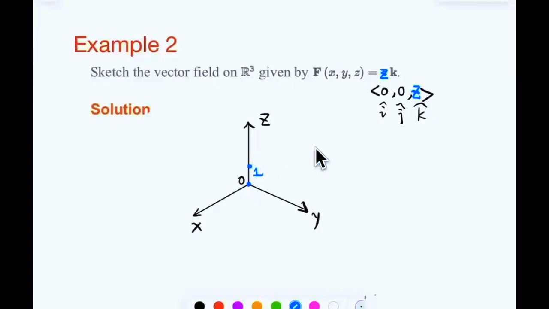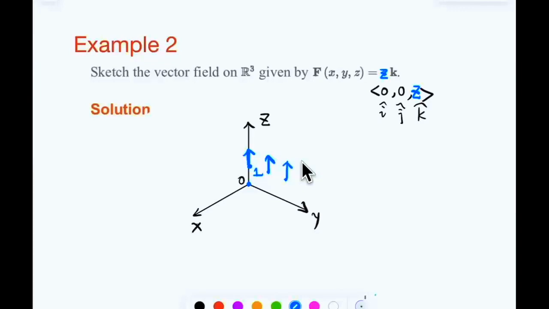At this point, it's going to point upward 1 unit. Is it a trend? Let's draw more, and then you will get an idea. What about another point that has z coordinate 1? Do they have the same vector? It's the same vector, 1, as long as z is equal to 1.